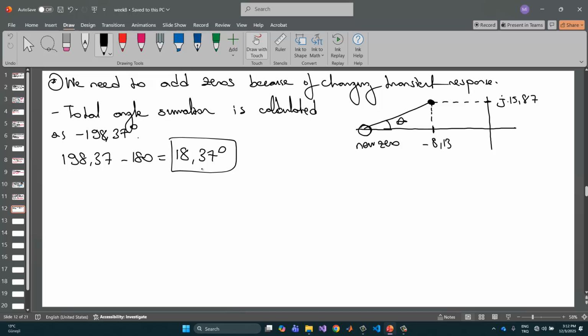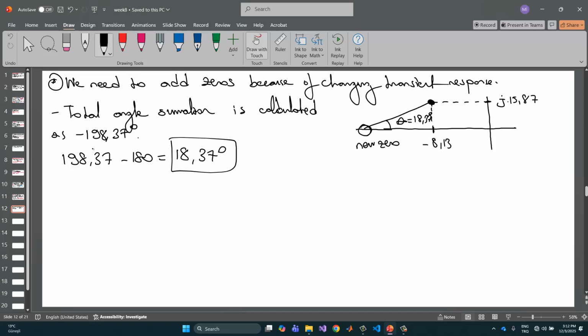What is it? This theta is equal to what? This one. In order to satisfy the 180 degree rule, we should add this degree as a zero, because it must be positive.